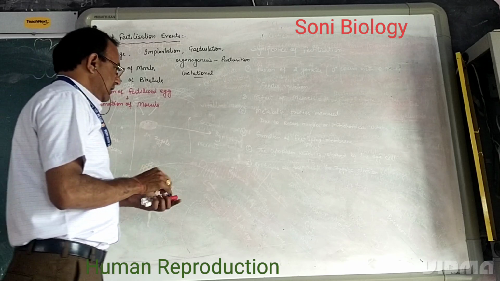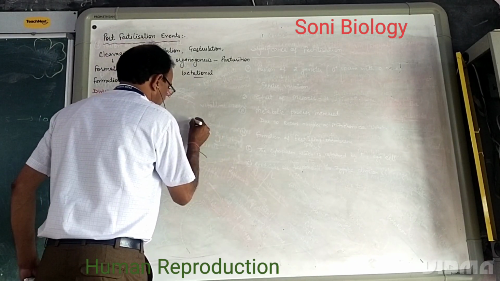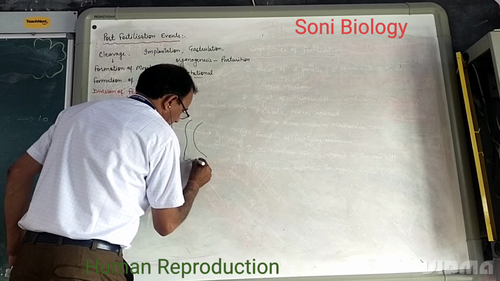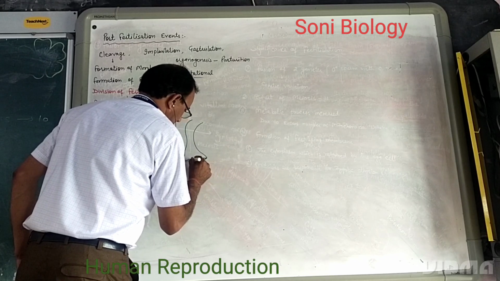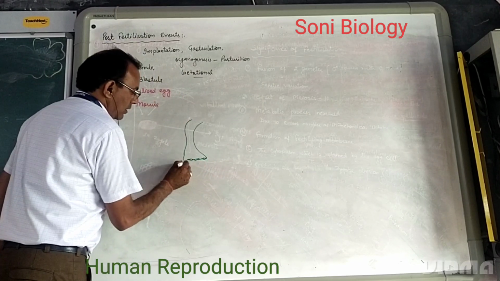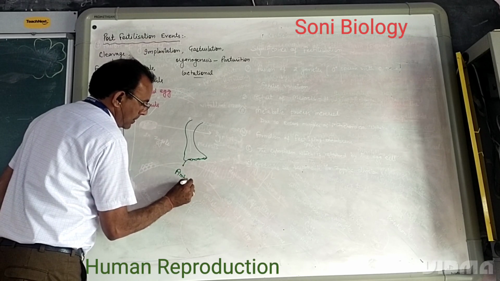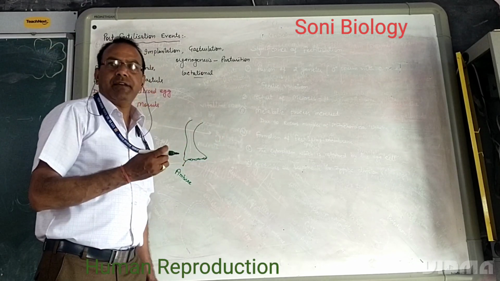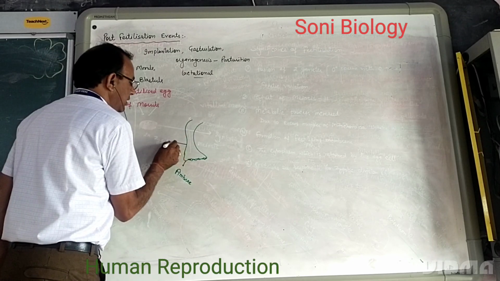We have already discussed the ovulation process. This is the fallopian tube, and these finger-like projections are called fimbriae. The fimbriae hold the egg which is released by the ovary and passing into the fallopian tube.